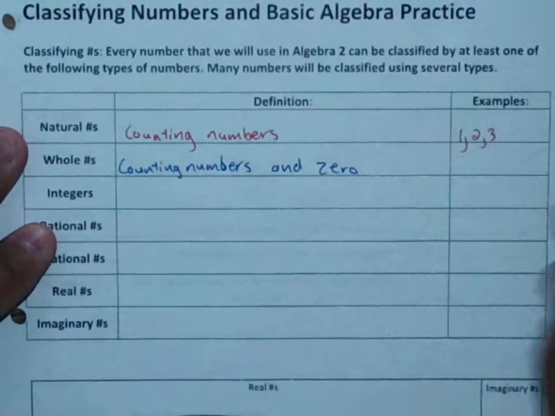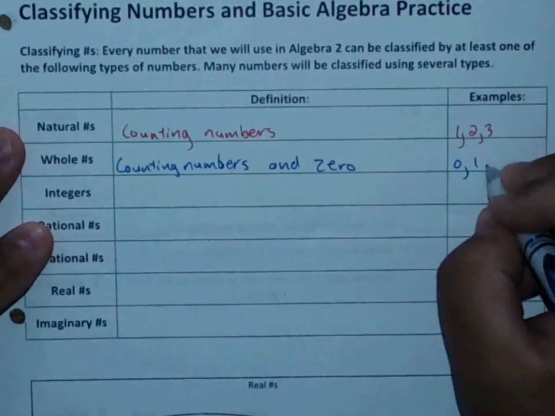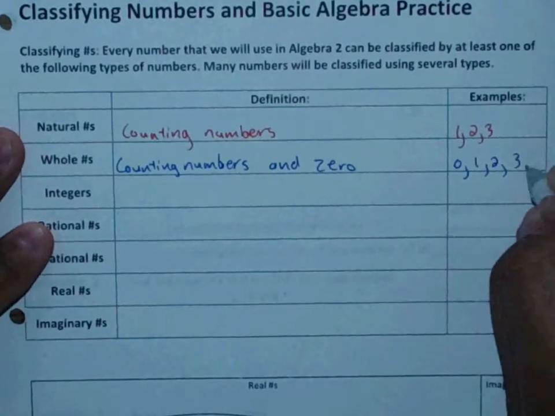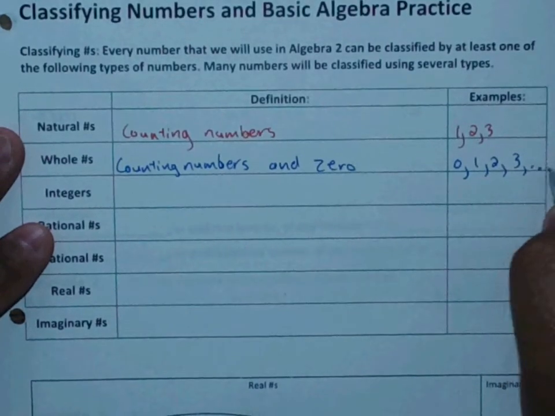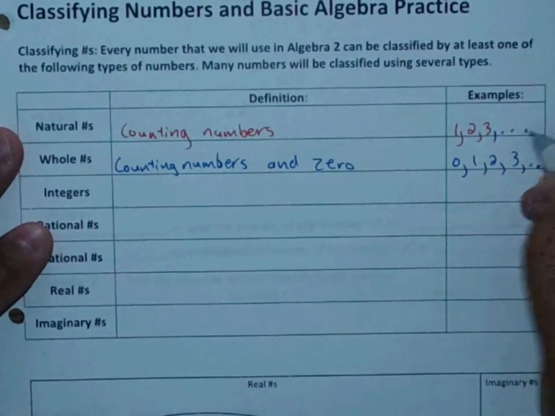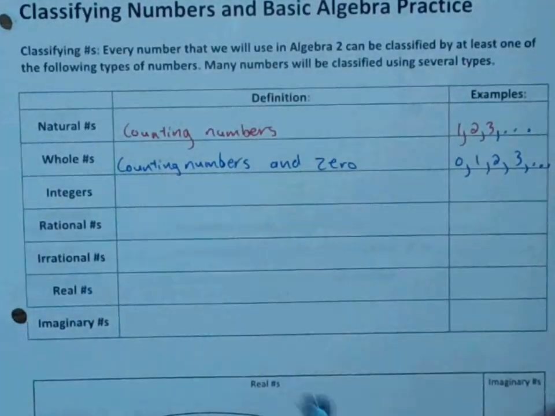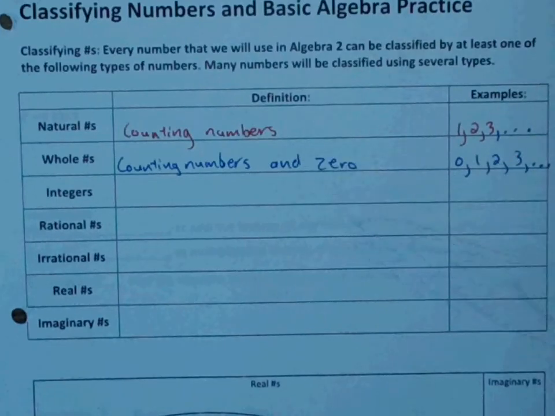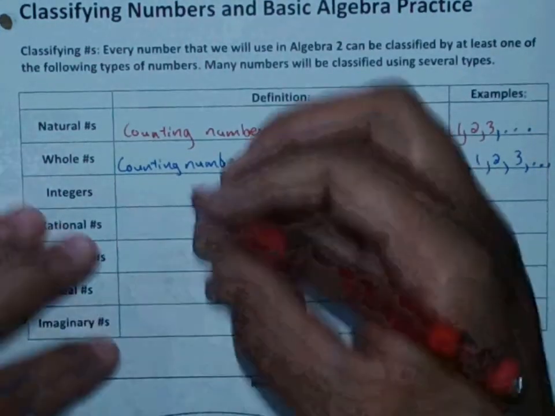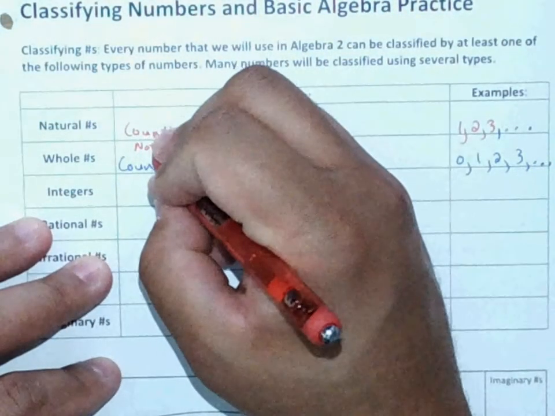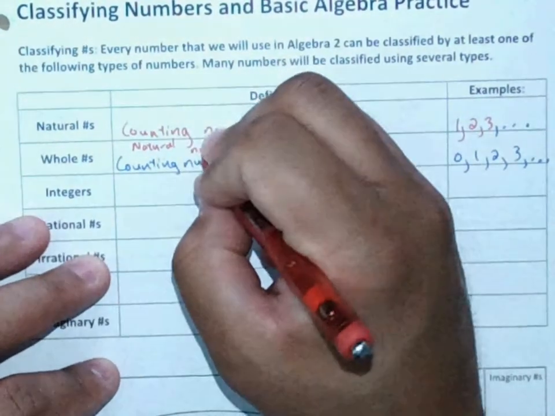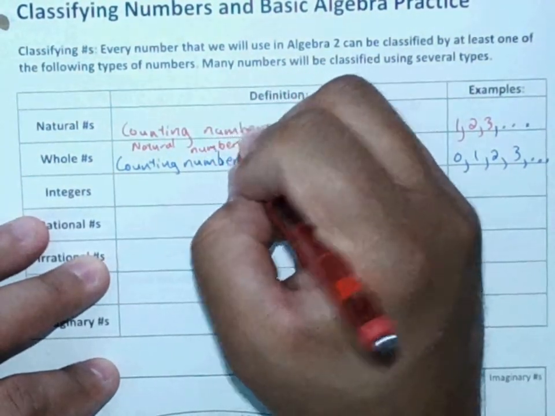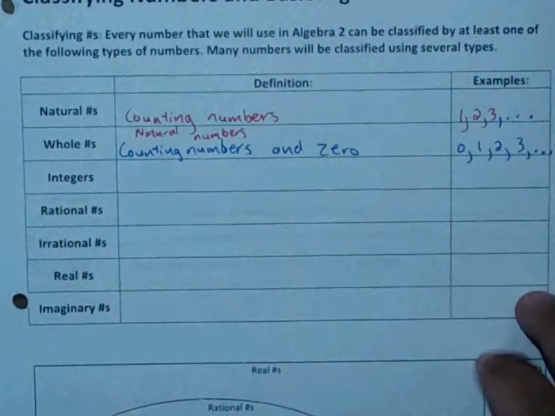So it's 0, 1, 2, 3, etc. Again, whole numbers include our natural numbers, or our counting numbers. So I'll actually write that as natural numbers so that you know, and our counting numbers. And 0.